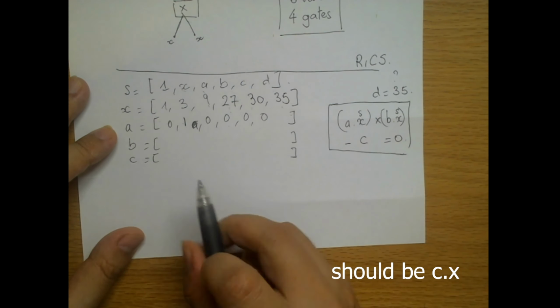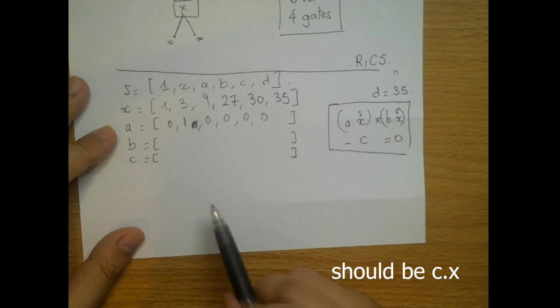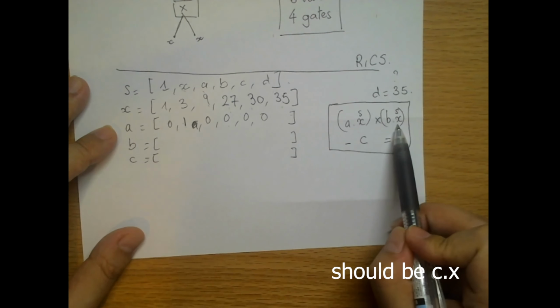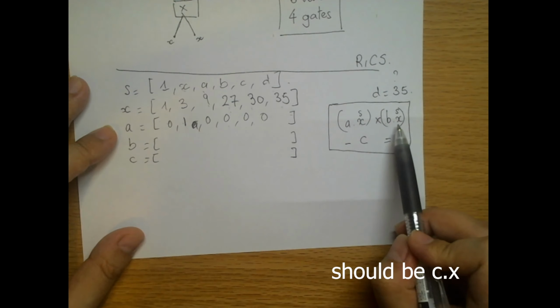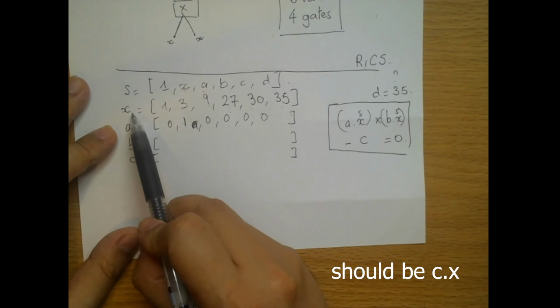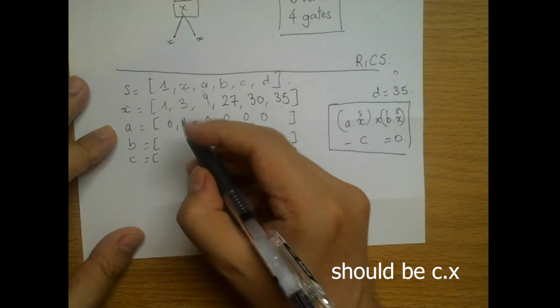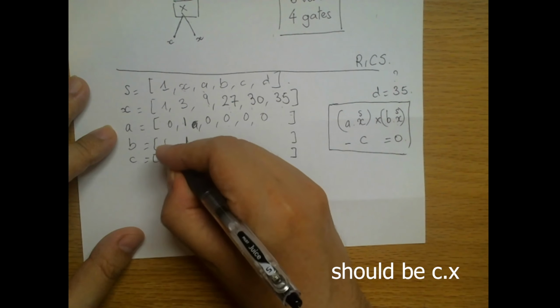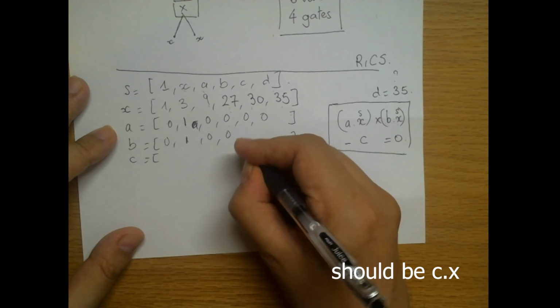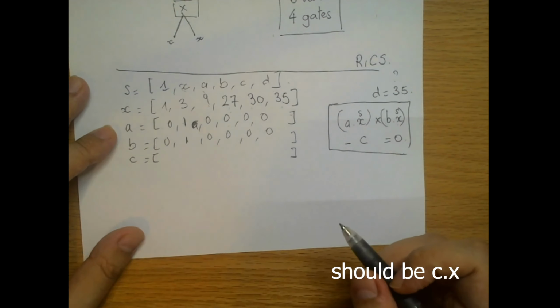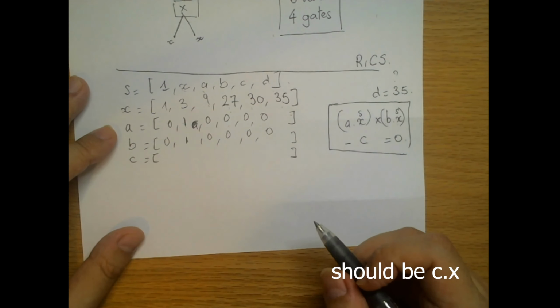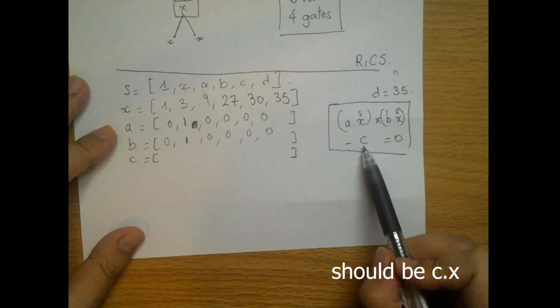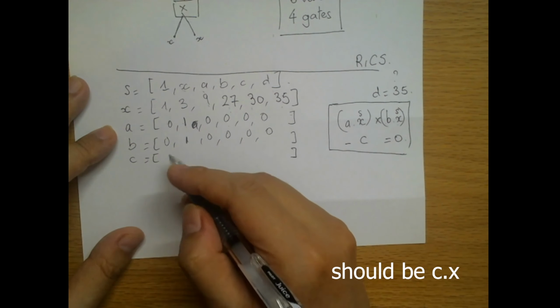So we have 6: 1, 2, 3, 4, 5, 6. And then for the B terms, I also need to pick only the X in the vector S, so I put 1 here, and again 0, 0, 0, 0, 0. And then C would be all zeros.